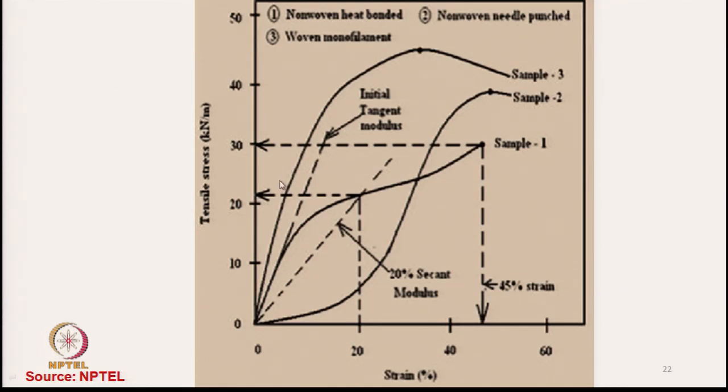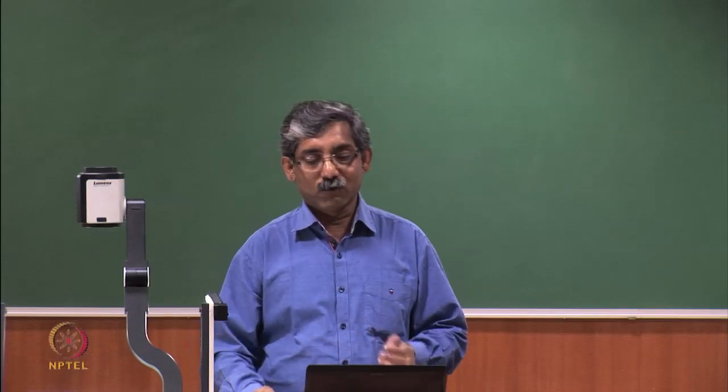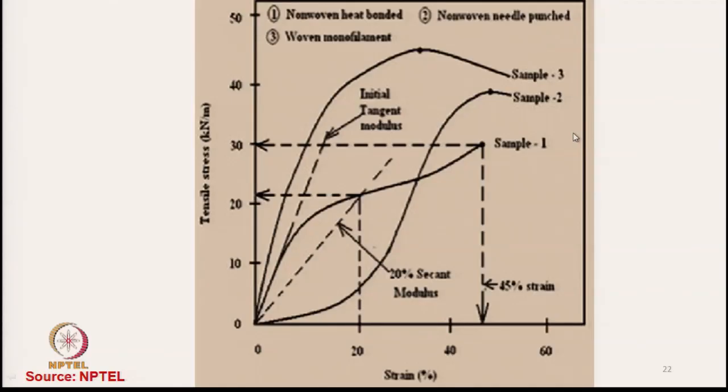Where we need strength, we may go for specimen 3, that is woven fabric. Suppose we need certain elasticity, certain extensibility of a structure, we may go for specimen 2, that is needle felt fabric, like that.